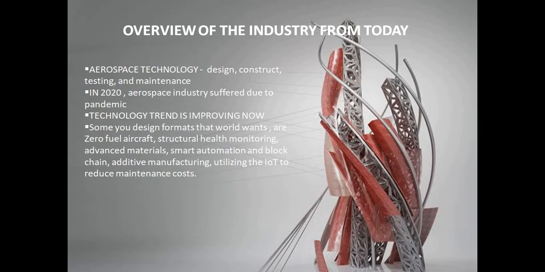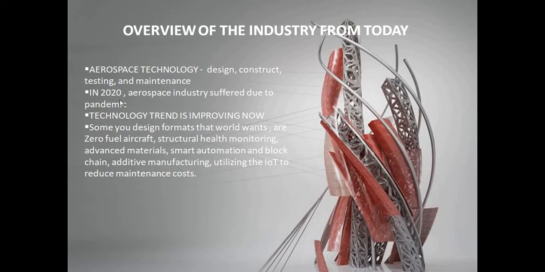Basically design is software modeling, and construction is the hardware, and testing and maintenance are very much subject to the rules and regulations of the International Civil Aviation Organization and other aircraft maintenance organizations. So this is equally balanced with government organizations, such as DGCA in India, where the rules and regulations are there.